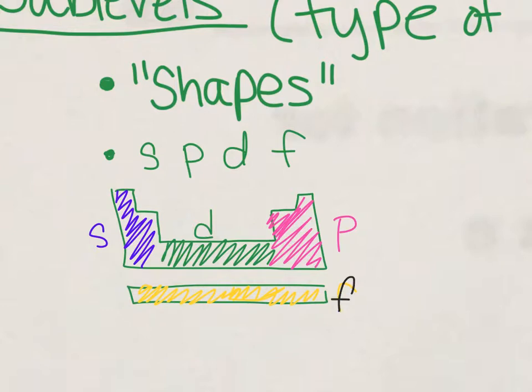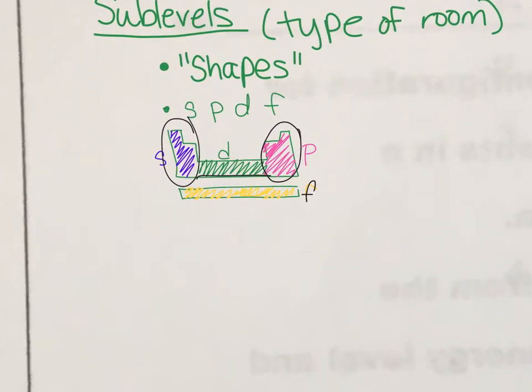What that tells you is your number of bunk beds. How many bunk beds did your sunny rooms offer? 1. How many bunk beds did your pink rooms offer? 3. D is going to offer 5, and F is going to offer 7. So how many people can fit in the D rooms? 10. Good. And F is going to be 14. Exactly. That's what you're going to be worrying about next.